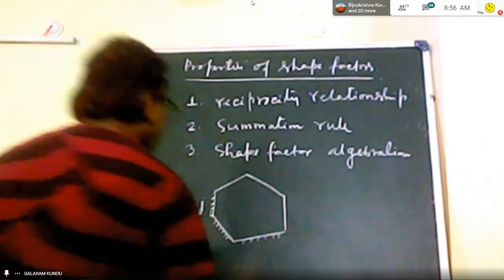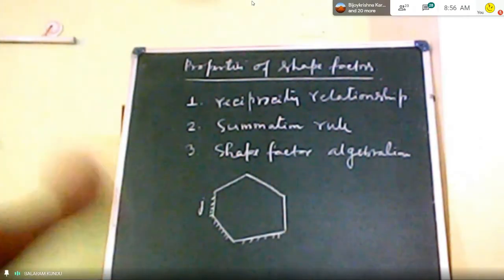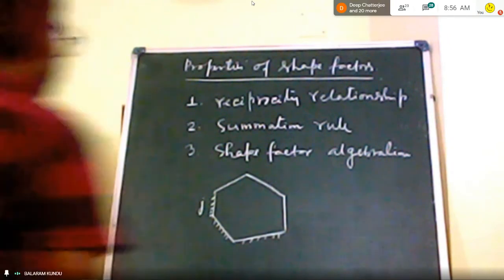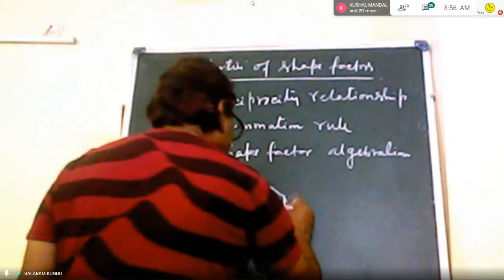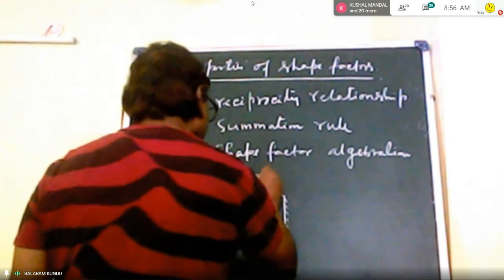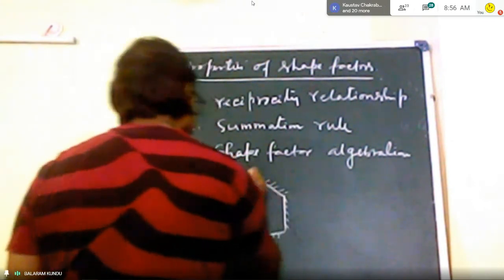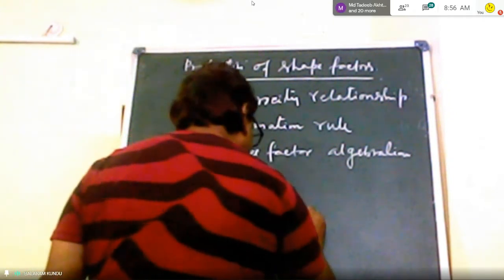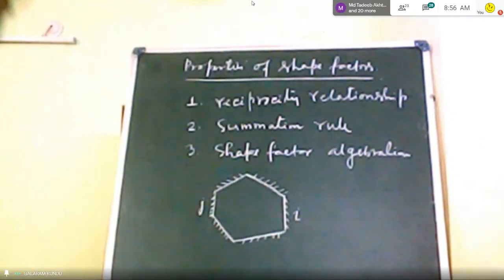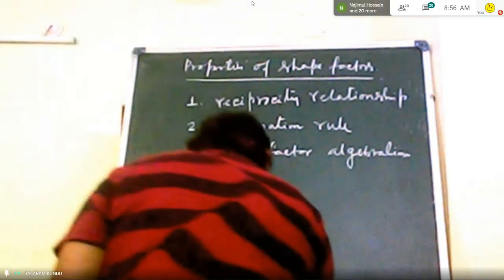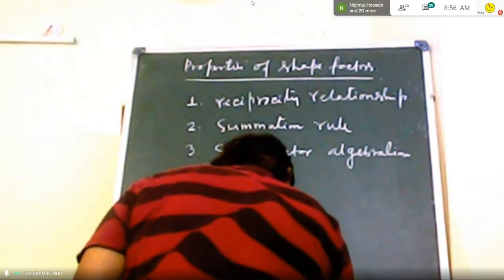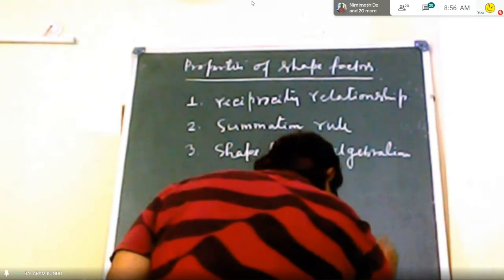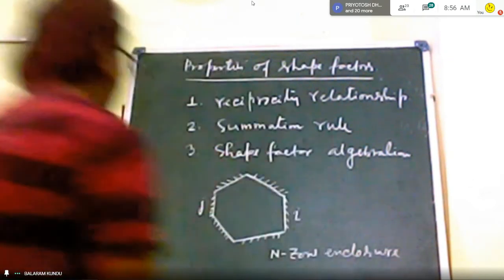So we have drawn an n zone enclosure, with n surfaces.